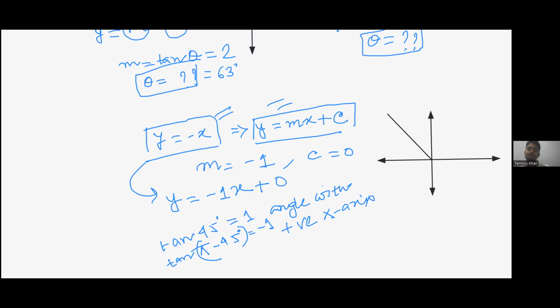So it will not be 45, it will be 135 degrees, right? This one. So it will be in the second quadrant, because this one is the first quadrant, this one the second, and so on. So this will be in the negative quadrant.